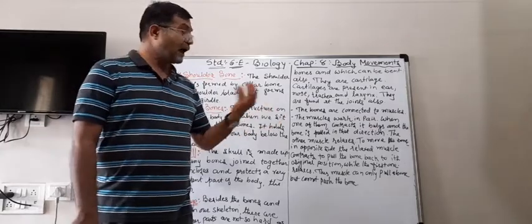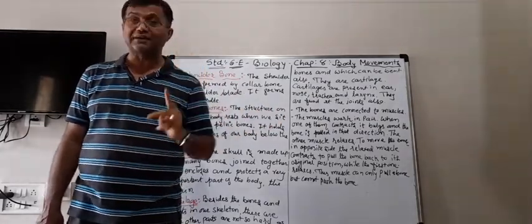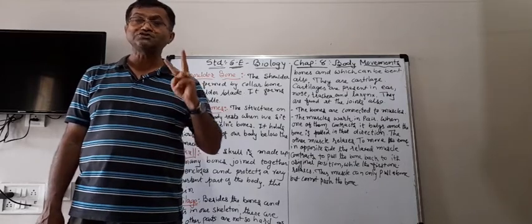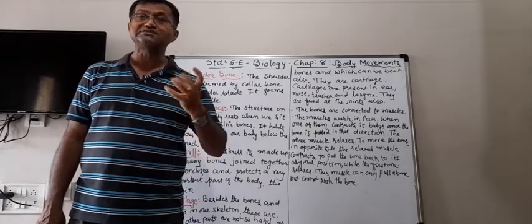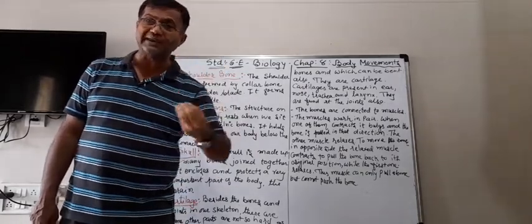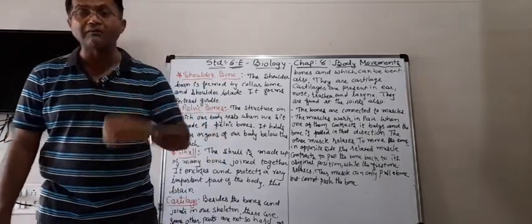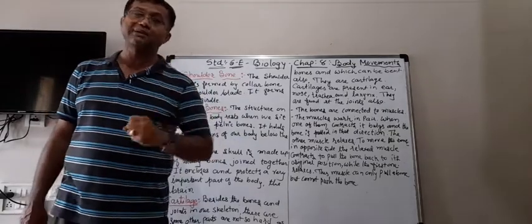So now, how does the muscle work? Muscle always works in pairs. It means two muscles together make it possible that we can move our hand or have any type of movement in our body, especially in animals and human beings.